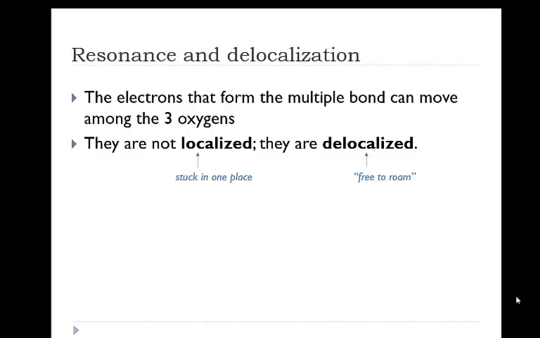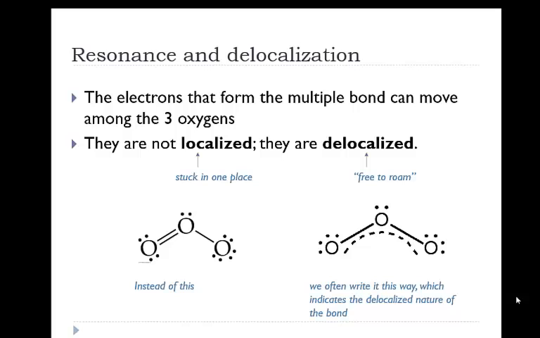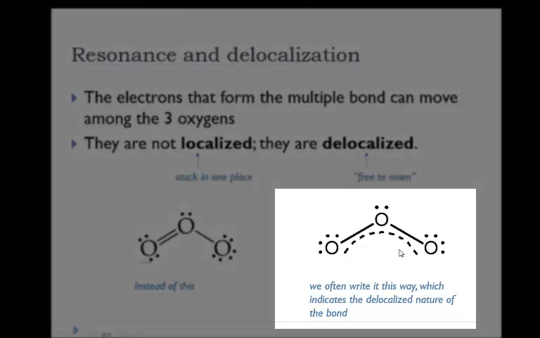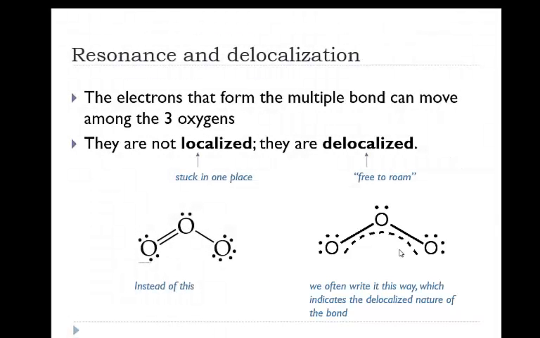But when we have resonance structures, they're delocalized, meaning they're not stuck in one place. So we often write it as something that looks like this on the right, where the delocalized electrons are sort of like half of a double bond, showing the delocalized nature of the bond.